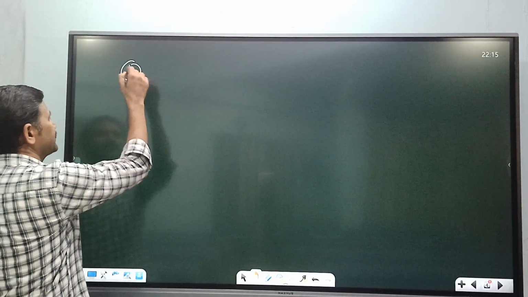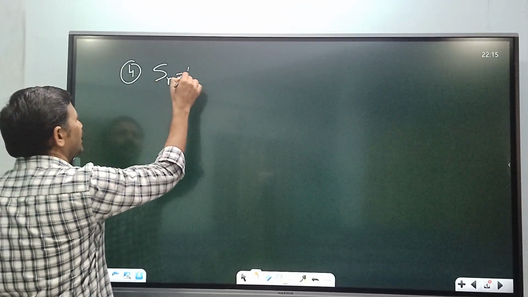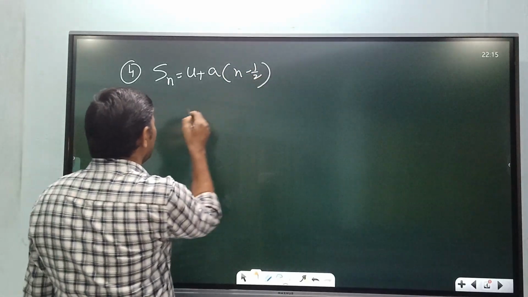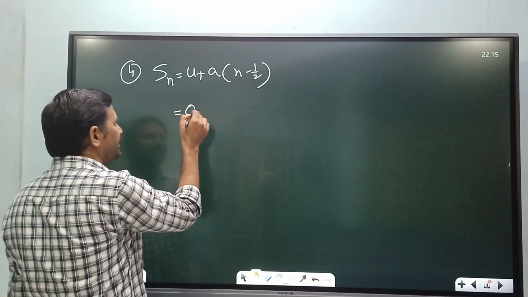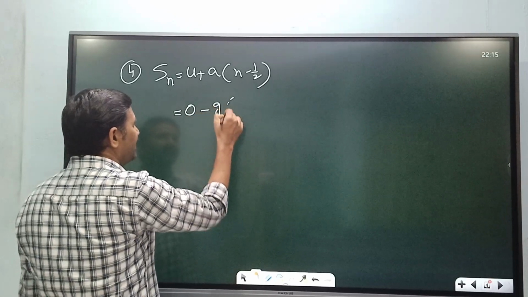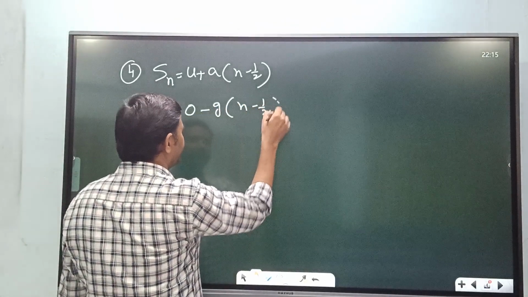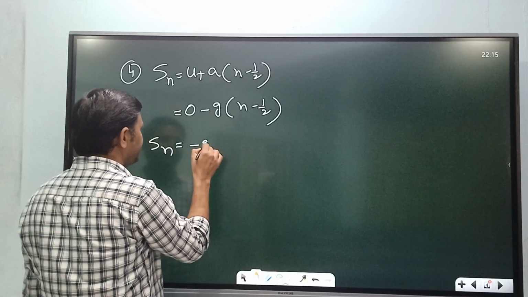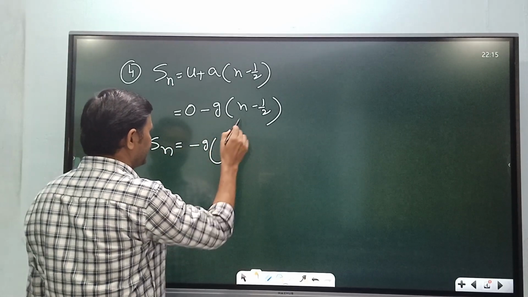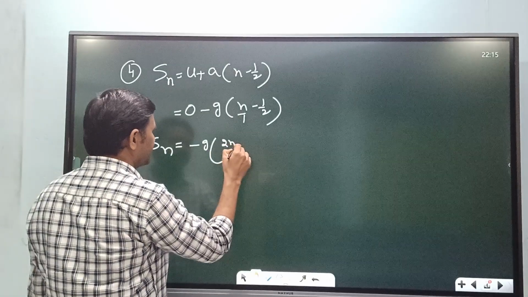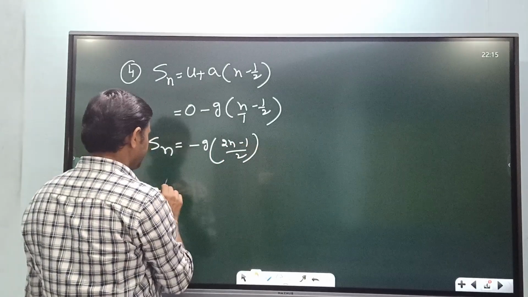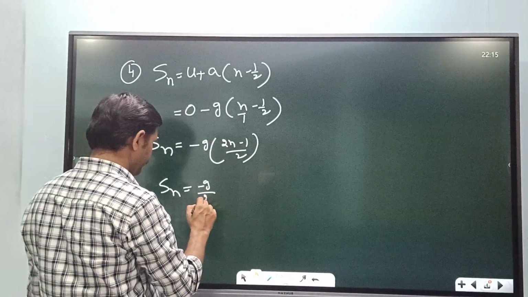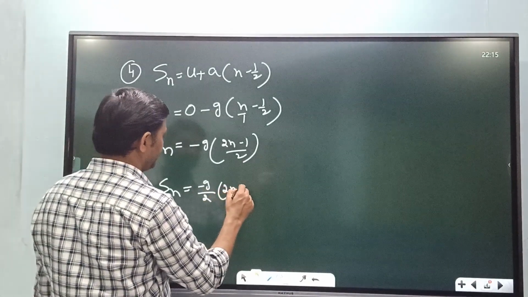The fourth equation of motion is Sn is equal to u plus a into n minus half. Here the initial velocity of the body is 0, a is minus g, into n minus half. This can also be written as Sn is equal to minus g by 2 into 2n minus 1.